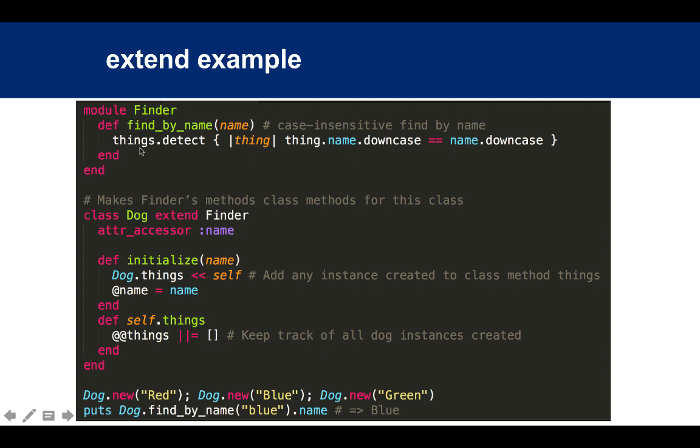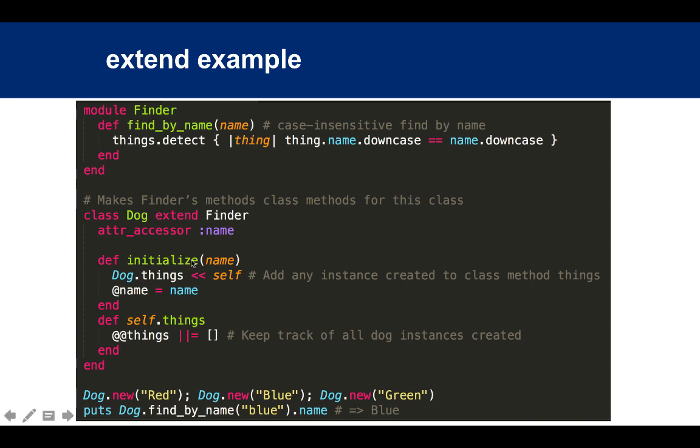And you're using the detect method. So how would you do that? Let's say you have a dog class that would extend the finder module. So you're not including it, you're extending it. So this find by name method is a class method, not an instance method.